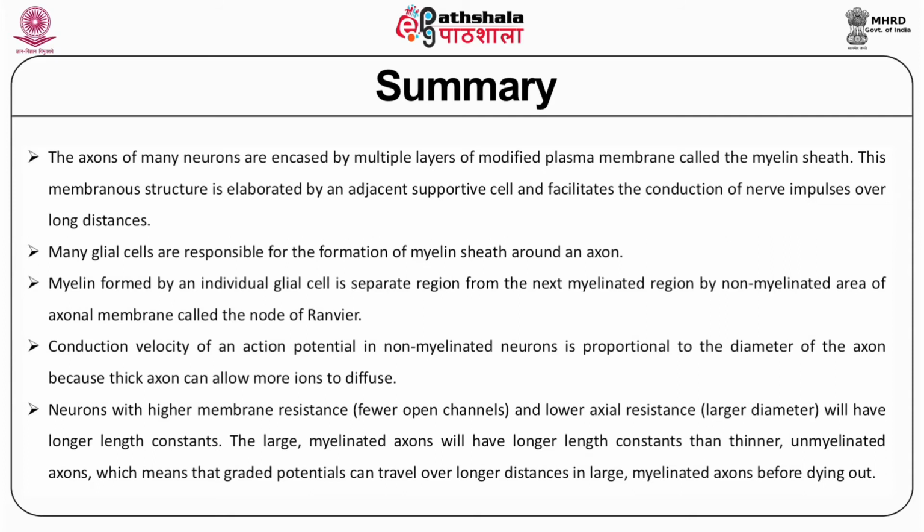Large myelinated axons will have a longer length constant than thinner unmyelinated axons, which means that graded potentials can travel over longer distances in large myelinated axons before dying out.